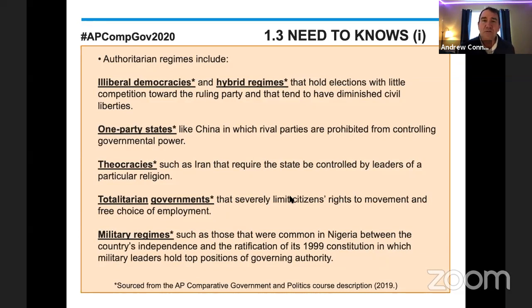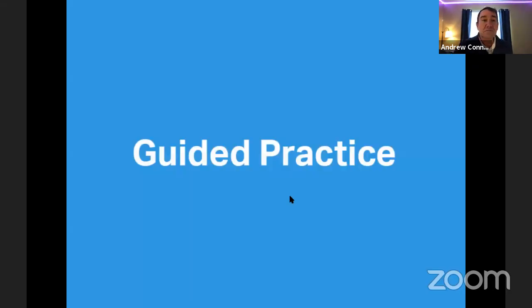And then military regimes, this becomes a word that's actually applicable to Nigeria, because after Nigeria's independence and before this current constitution in 1999, it was not uncommon for different coups to happen in Nigeria where military governments or military leaders would take over for a short or sometimes extended period of time. And that's what we call a military regime. So that's a word that's applicable to Nigeria.